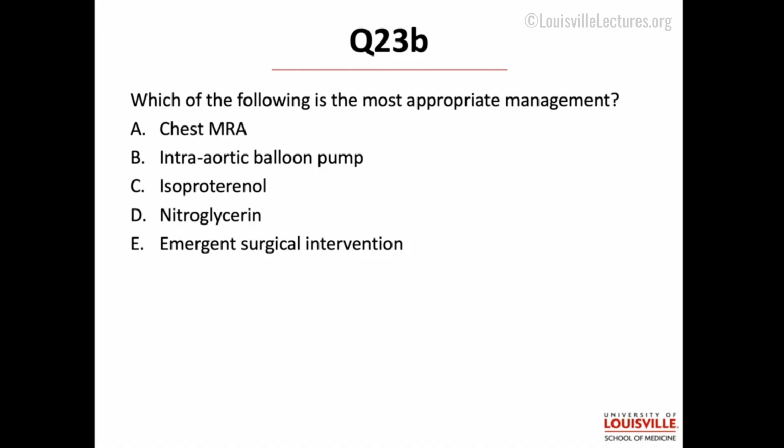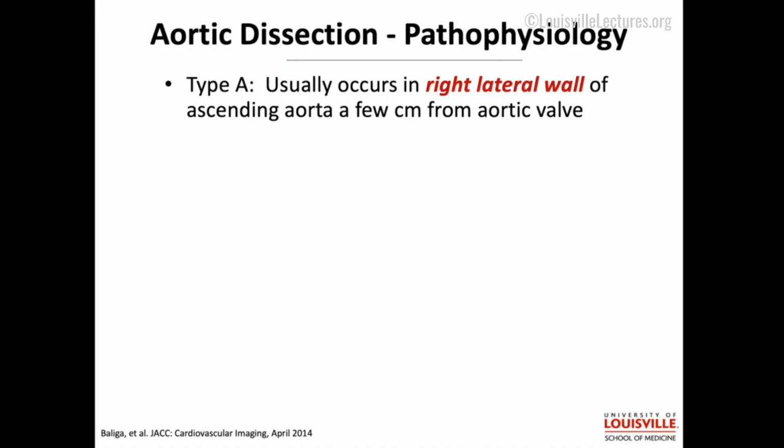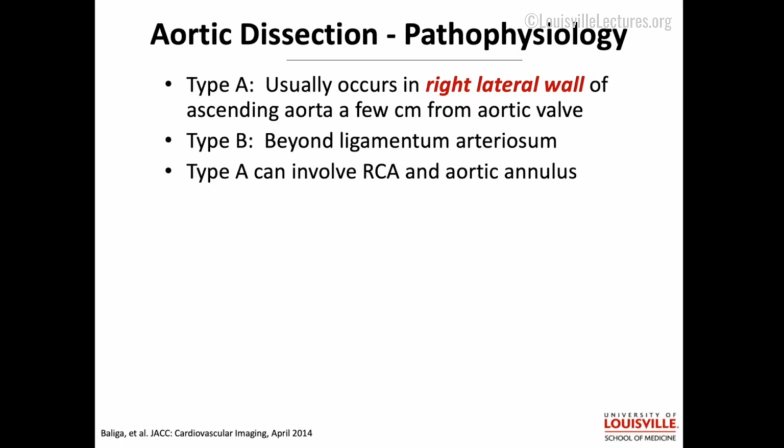Okay, now for this patient, what's the most appropriate management? Well, this person has an ascending aortic dissection, so needs emergent surgical intervention, okay? So the different types, type A is right above the aortic valve in the ascending aorta. Type B is past the ligamentum arteriosum.